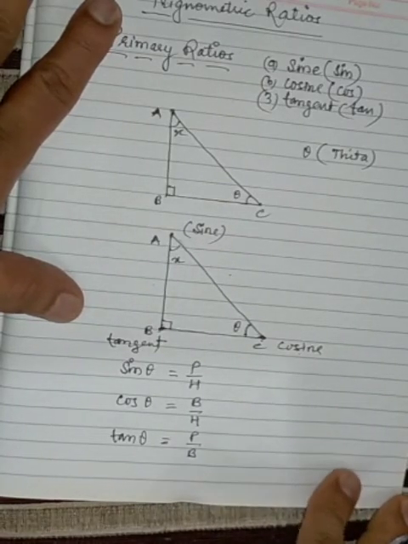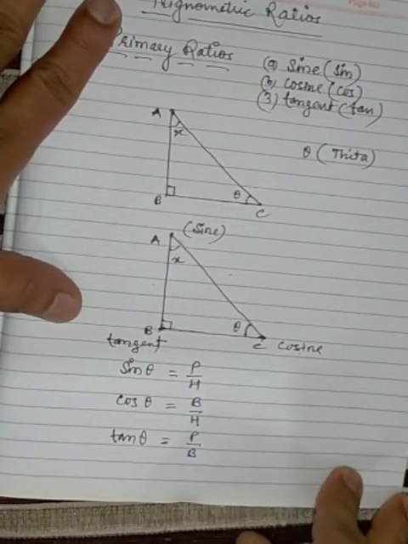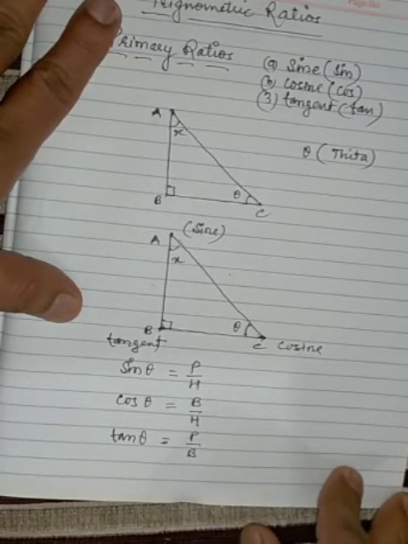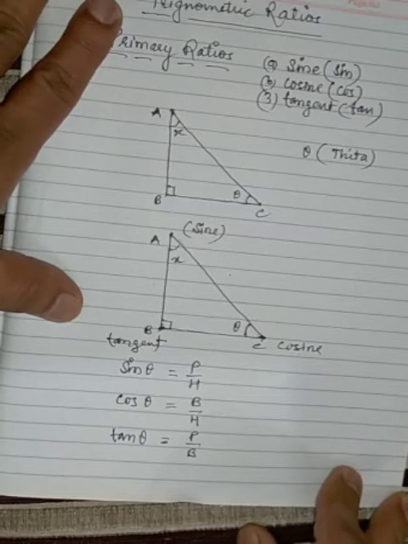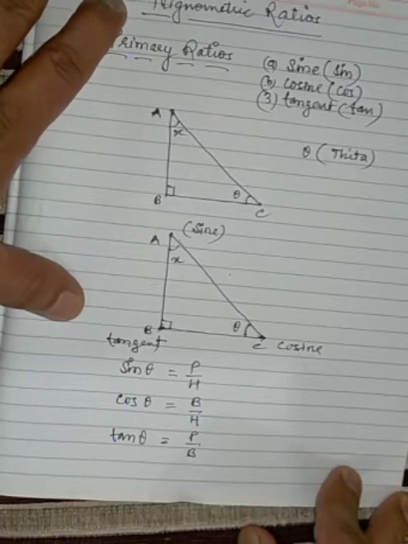So sin theta is equal to P upon H, cos theta is equal to B upon H, and tan theta is equal to P upon B. These are the ratios of sin, cos and tan, which are the primary ratios.